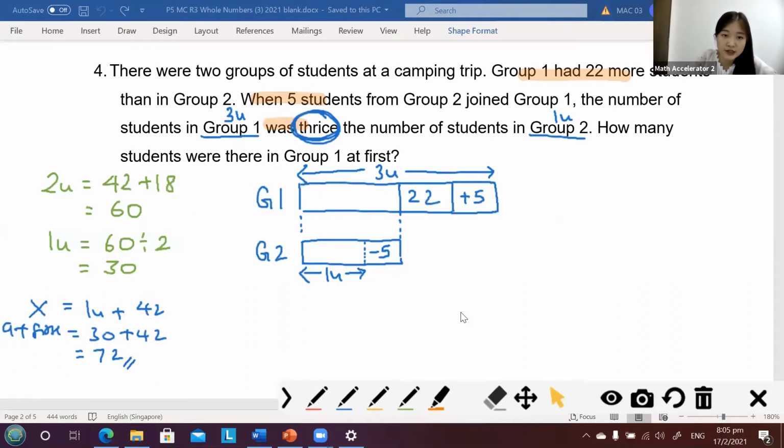How are you going to find out how many students is for 2 units? I'll give you about 1 minute. What's the value of 2 units? If you cannot get the value of 2 units, you won't be able to find the answer at the end. So you must get this part right first.